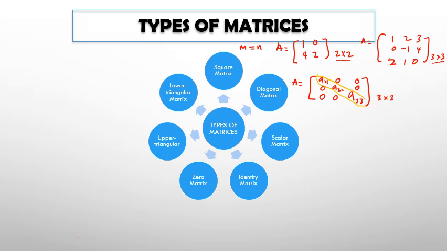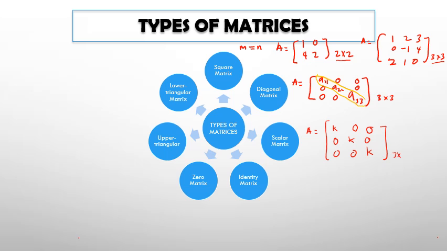A scalar matrix is actually a diagonal matrix, but the elements on the diagonal are equal. Here we have A11, A22, A33, and they are all equal to a number, say K. The rest are 0.